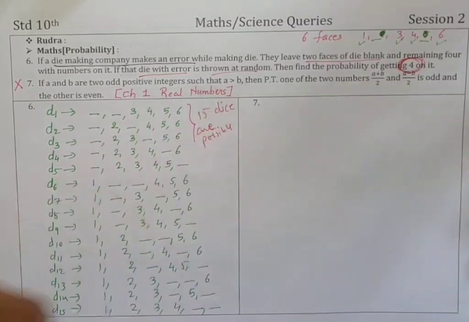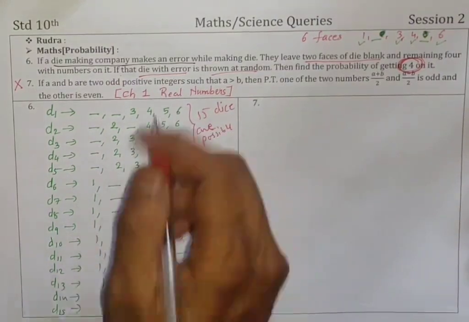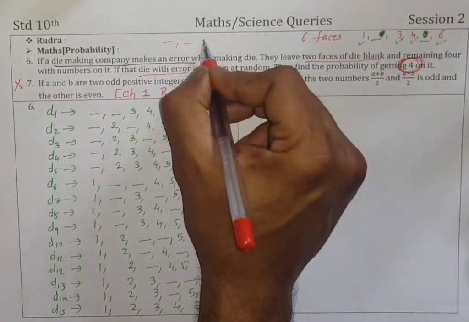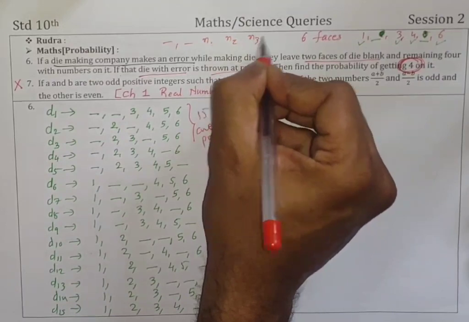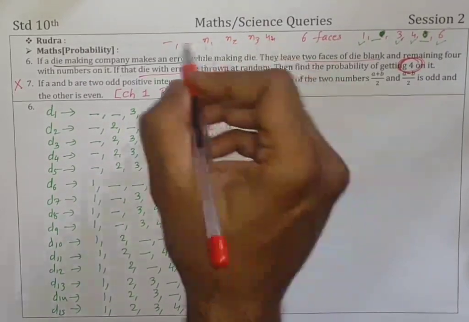Children, total outcomes क्या होगा? कोई भी डाई फेंको तो 2 डैश आएगा और 4 नंबर आएगा, कोई भी 4 नंबर, है ना.